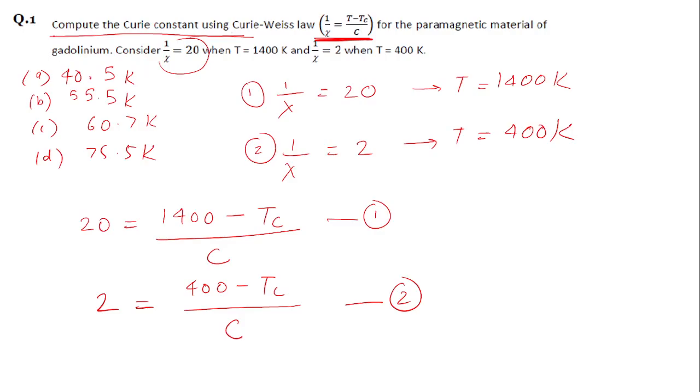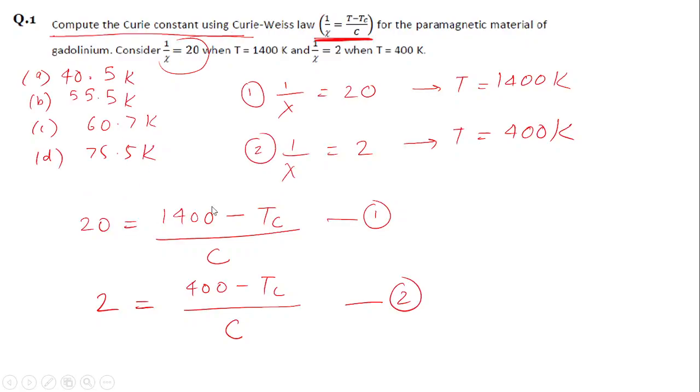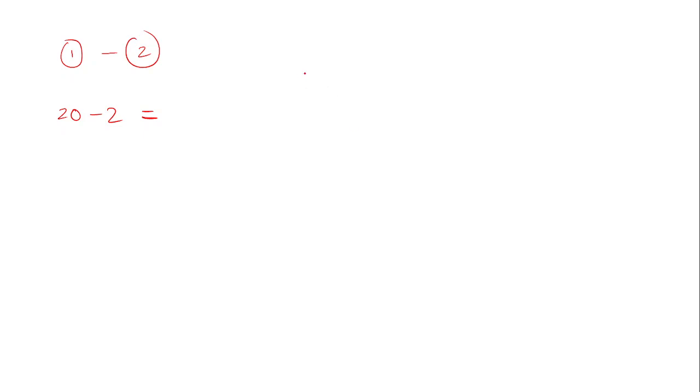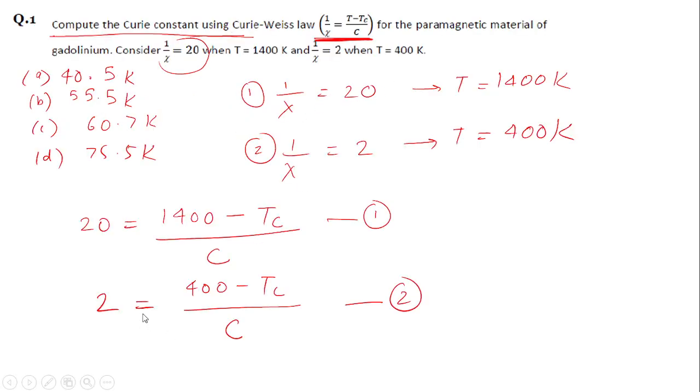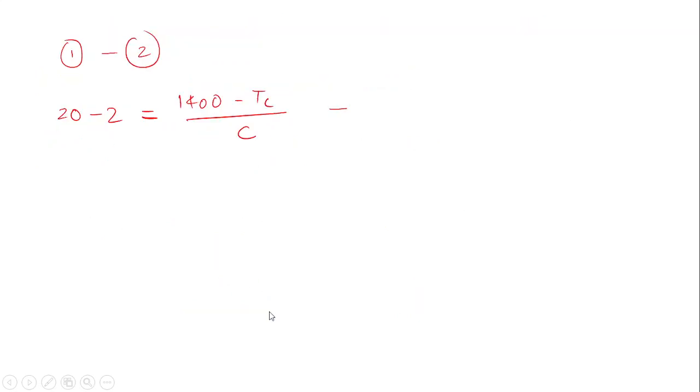On the left hand side it will be 20 minus 2. On the right hand side it will be (1400 minus Tc) divided by C, minus (400 minus Tc) divided by C.